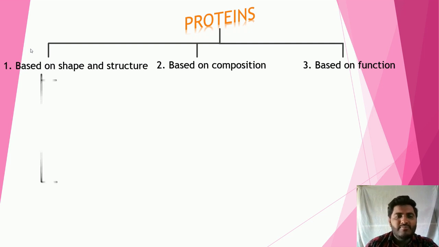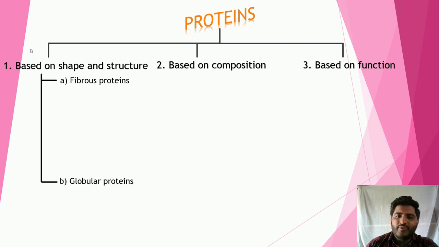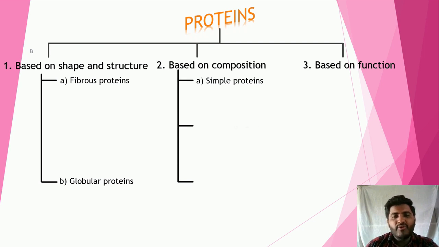Based on shape, proteins can be classified into two ways: first fibrous proteins and next globular proteins. Based on composition, proteins can be classified into three ways: first simple protein, second conjugated, third derived proteins.